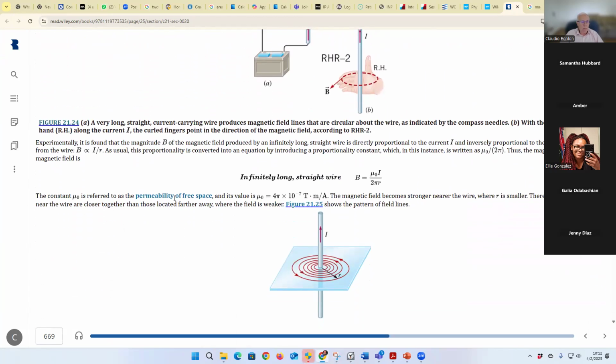Mu naught, permeability of free space as well, or magnetic permeability of vacuum. Here you go. Here's the value: 4 pi times 10 to the minus 7 Tesla meter per ampere, okay?